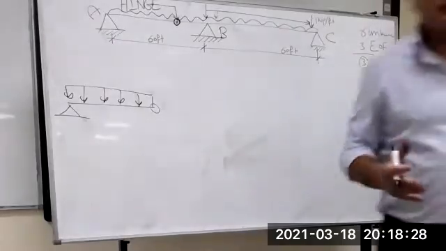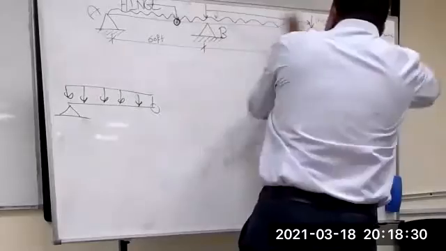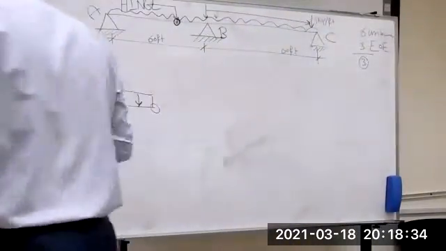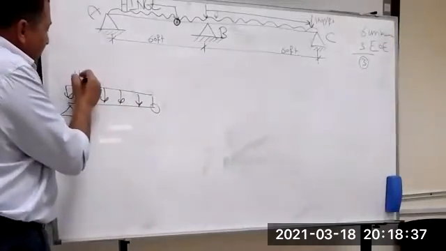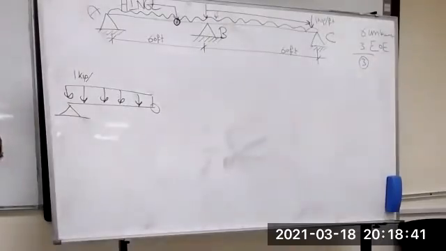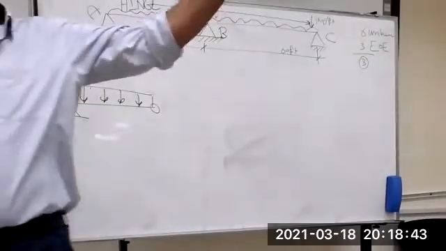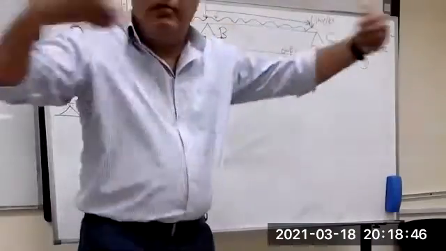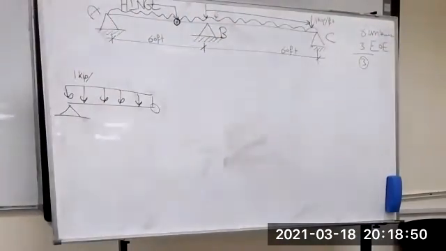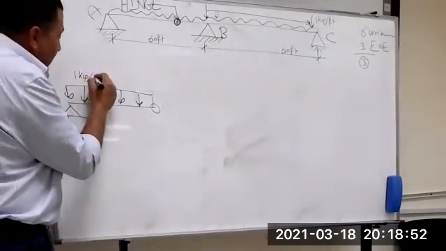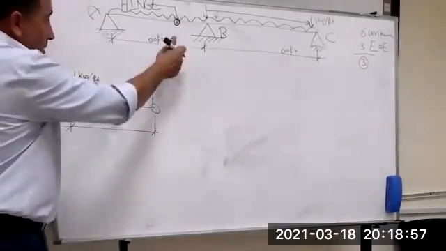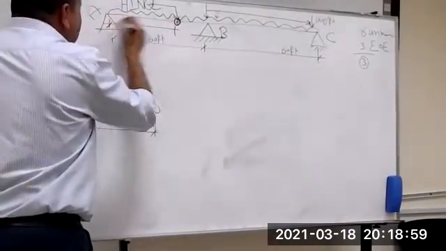Now I'm here. Keep yourself here. Move and take your time. Now I have 1 kip per foot, moving and covering. Consider it a train, consider it a truck, whatever. Now 1 kip per foot, and we have 48 feet here at the hinge, correct?